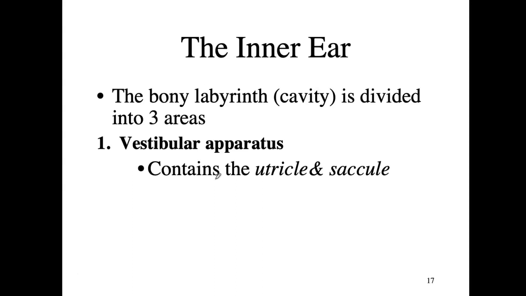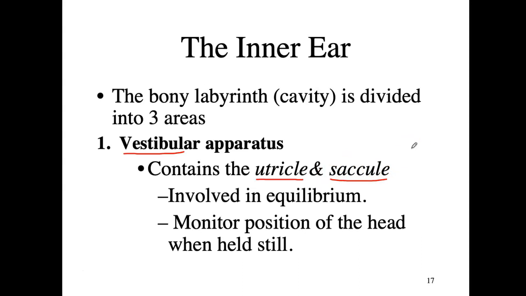Inner ear is going to have the vestibular apparatus, and the vestibule in regular English means the entryway, like the foyer is the vestibule. So it's that entry place, and it contains something called the utricle and the saccule that we're going to talk a lot more about.